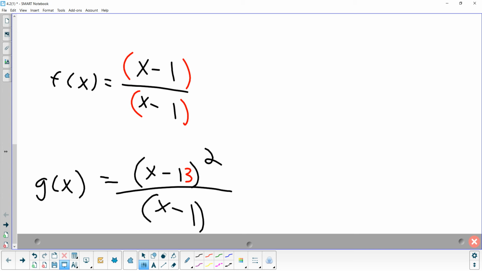Would you have a vertical asymptote or a hole in the graph? You'd have a vertical asymptote this time because the numerator and the denominator don't have a common factor. Okay? So is there any question about when you get a vertical asymptote versus when you get a hole?